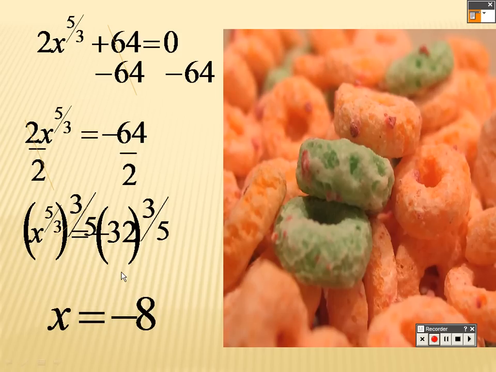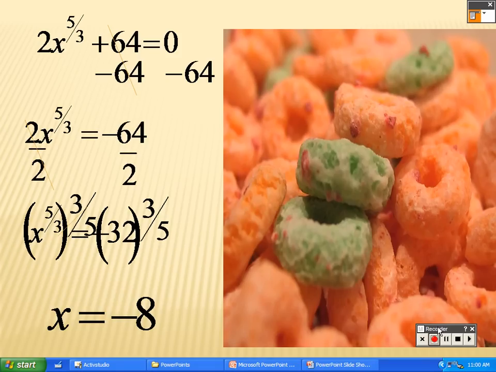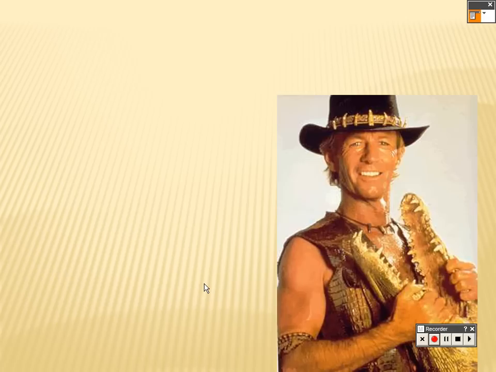Negative 32, caret sign, parentheses, 3 divided by 5, and parentheses, that'll give you negative 8. Or you could do negative 32 to the 1/5 and realize, hey, that's negative 2, and negative 2 times 3 is negative 6. Either way, they'll work there to help you out to get your answers.